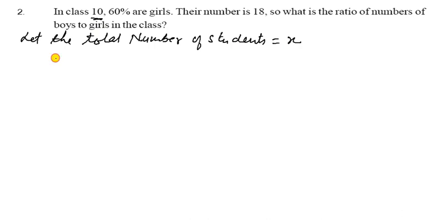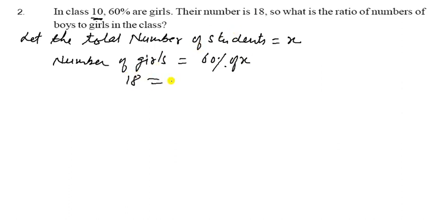So number of girls you can count. Number of girls is equal to 60% of X. So girls are given here 18.